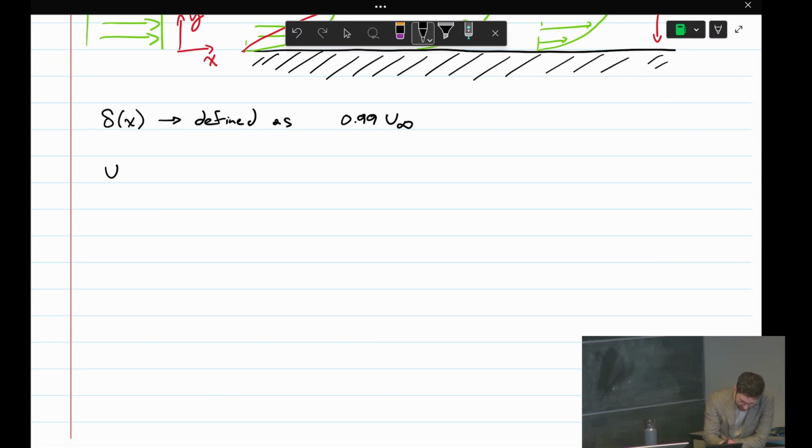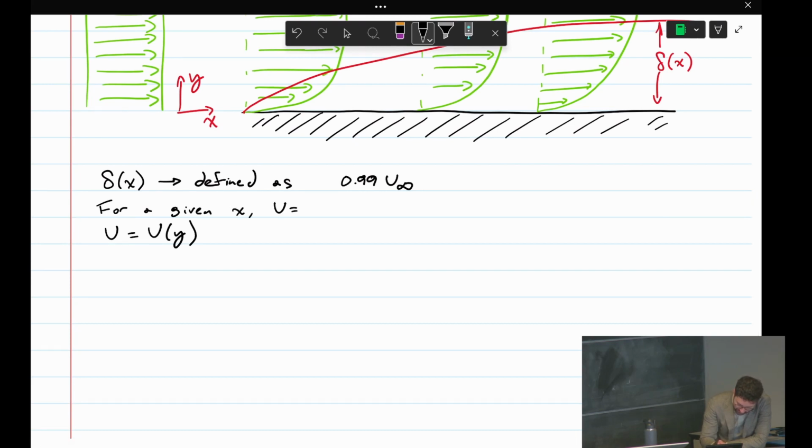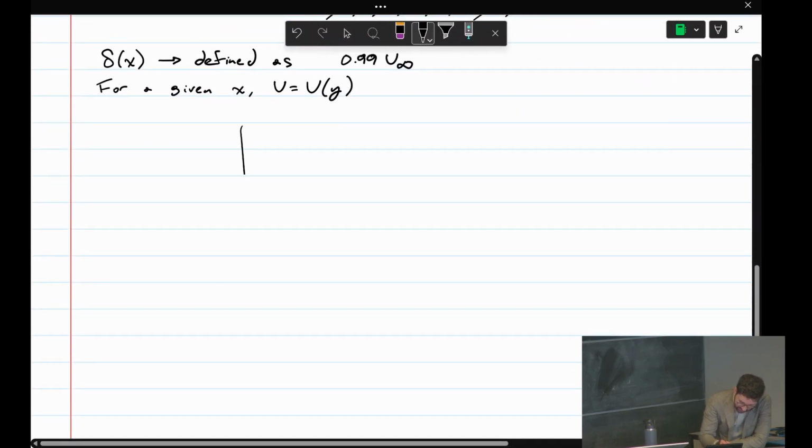u here is a function of y. So we'll say for a given x, U is a U of y. So we're going to look along the y-axis of this profile.